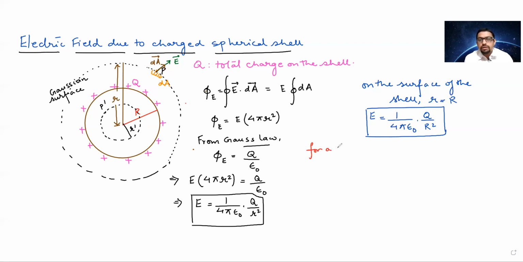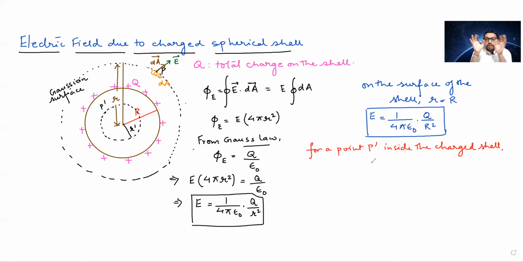So for a point P dash inside the charged shell, as we see, the total charge enclosed is 0 because the charge only resides on the surface of the charged conductor.